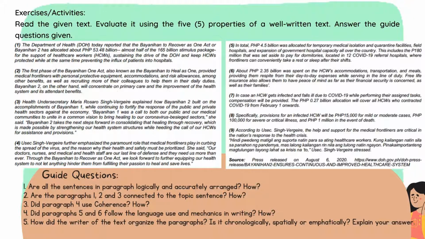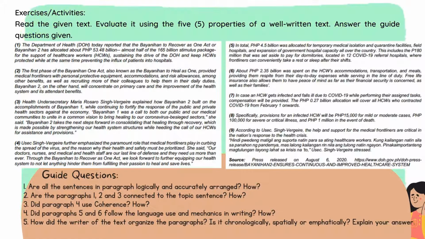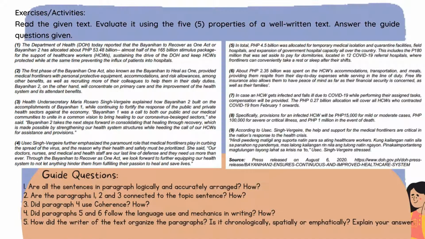Then, you need to evaluate it using the 5 properties of a well-written text, which are organization, coherence, cohesion, language use, and mechanics, and consequently answer the guide questions given.